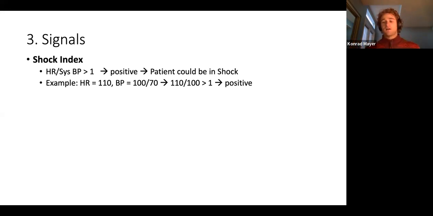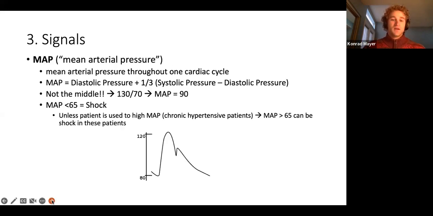So it doesn't mean this patient has to be in shock, but if somebody comes into the emergency department and has a pulse higher than the systolic blood pressure, we have to take a good look at this patient because they might be in shock. So that's the shock index.